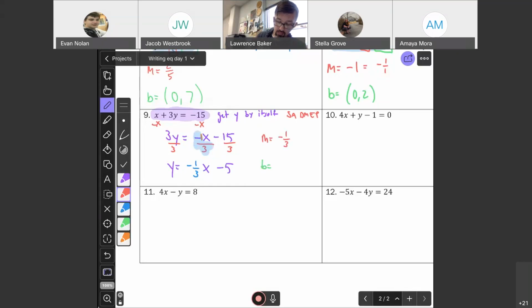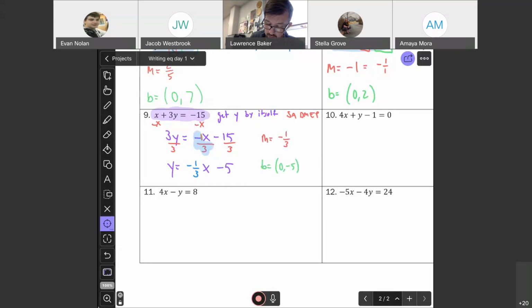And Clover, the y-intercept is negative 5, so (0, negative 5). What does this mean when we say the slope is negative 1 over 3? If our slope is our rise over our run, and I say the slope is negative 1 over 3, what does that mean?